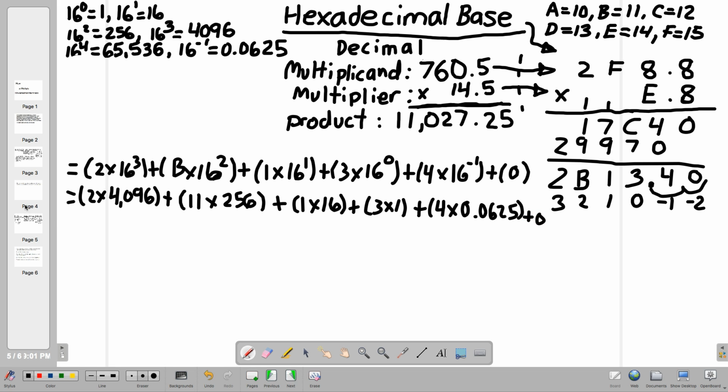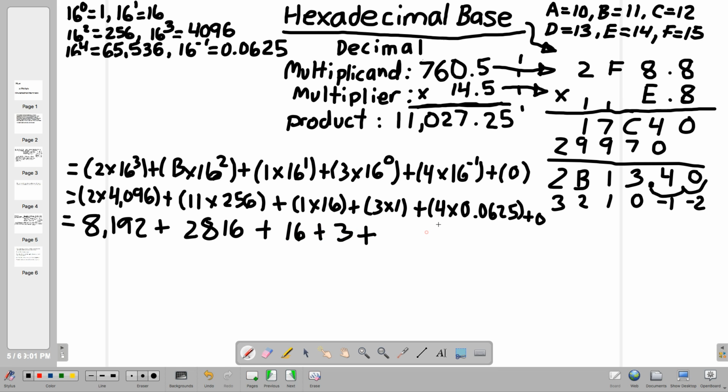So now let's compute. So we have 4,096 times 2. That's a value of 8,192. And then we have 11 times 256. That's 2,816. And then we have 1 times 16 is 16. 3 times 1 is 3.